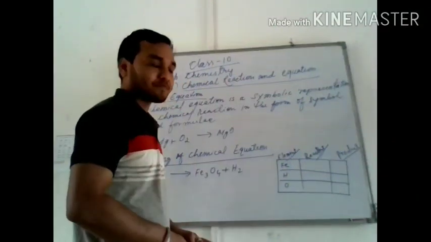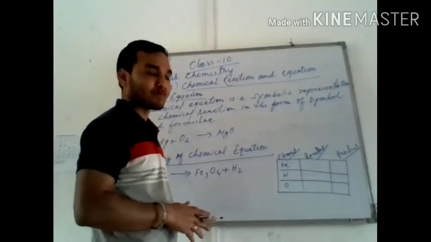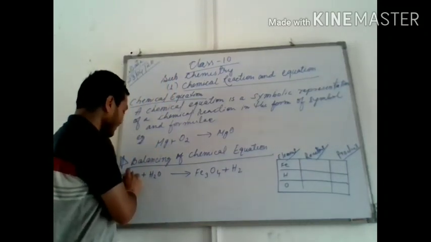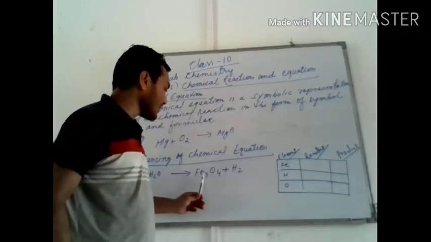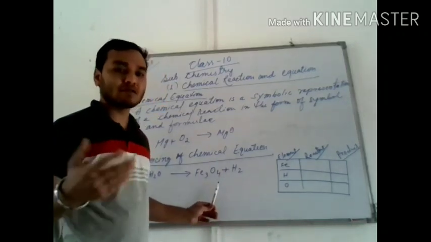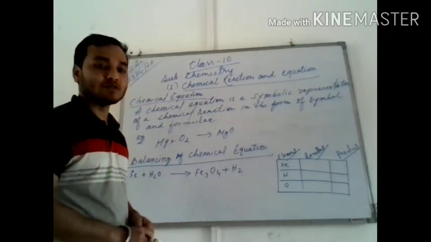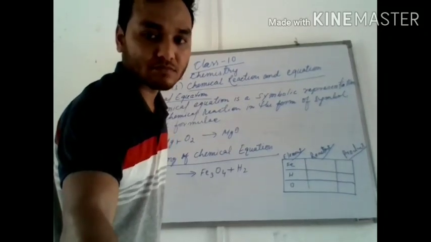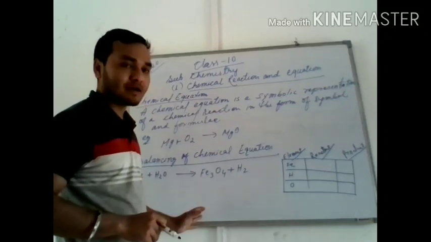Now students, I will teach you how to do balancing in a chemical equation. Here I wrote Fe, iron, plus water. When we balance it, it comes to iron oxide, known as ferric oxide, and releases hydrogen. Here you see how we are going to do the balancing.